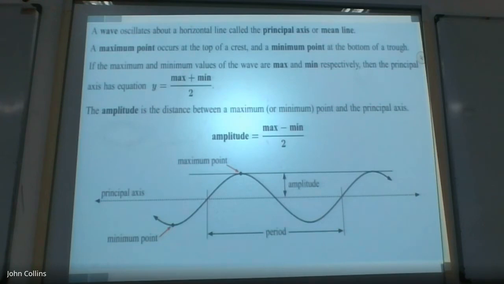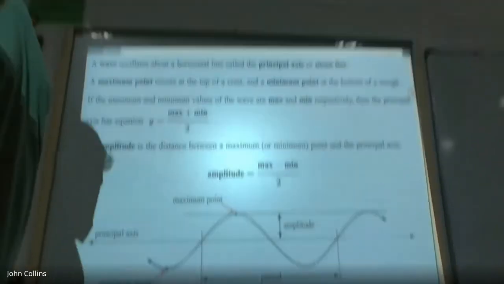Then you try and look at a general sine or cosine function and how it is transformed by the stuff we just discussed. That's in the book if you can get it.